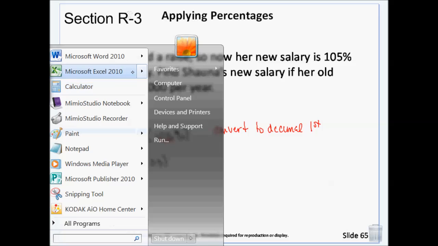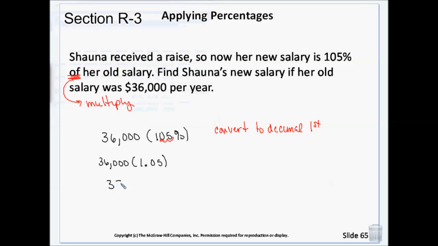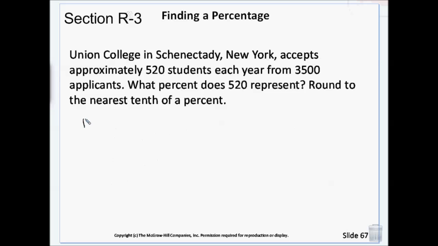And I cannot do that in my head. So her new salary is $37,800. Not bad.